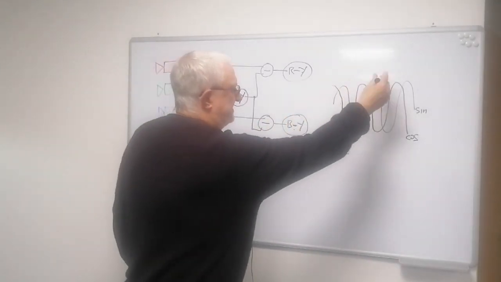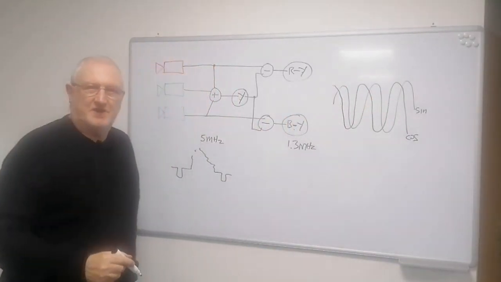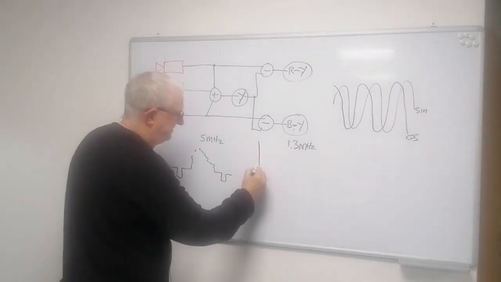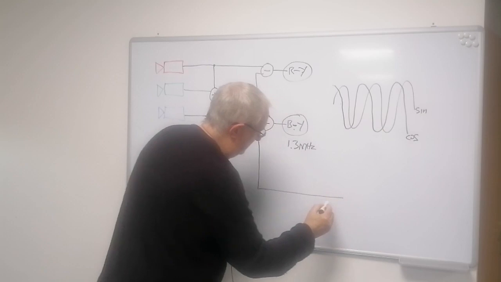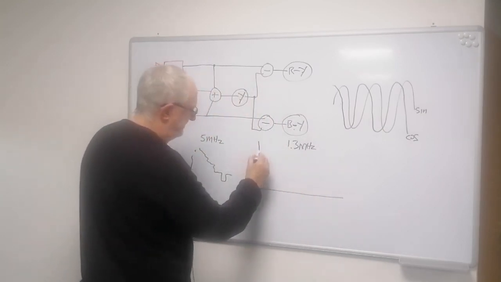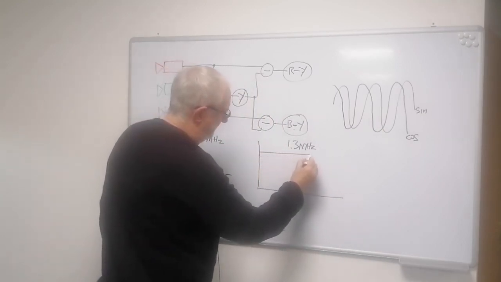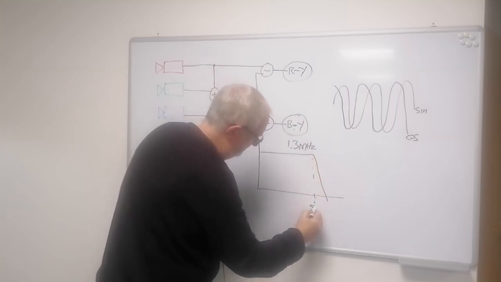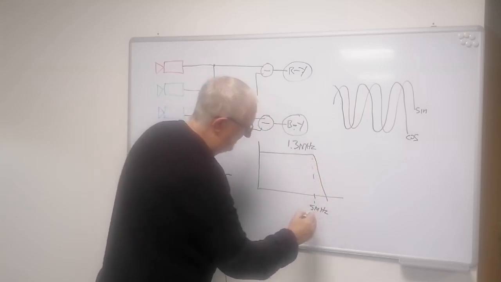What frequency is this sine wave and the cosine wave? Well, I've already mentioned that the luminance signal basically goes up to about 5 megahertz.